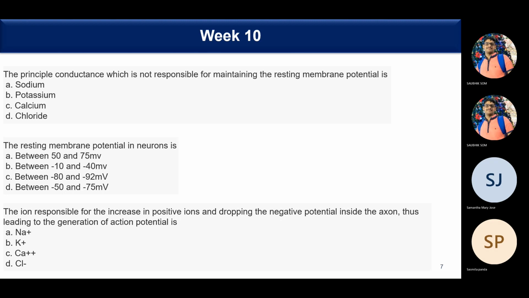The ion responsible for the increase in positive ions, dropping the negative potential inside the axon and leading to an action potential: the depolarization happens due to the influx and outflux of sodium through the sodium channels, correct?